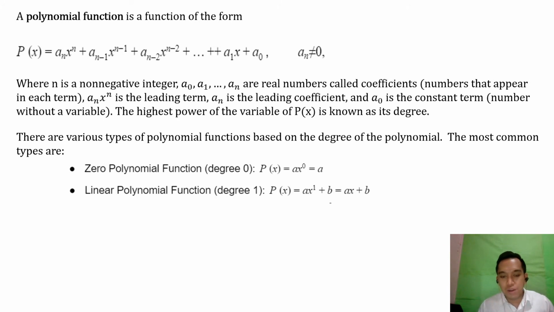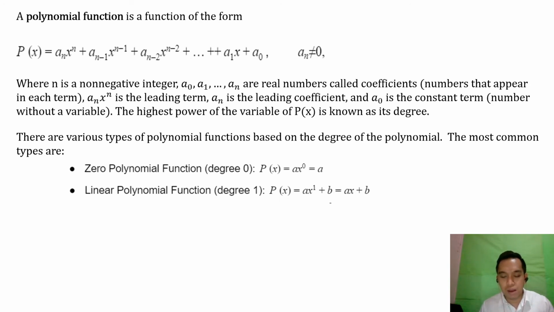Ang linear polynomial function naman, ang kanyang degree ay 1 at ang kanyang forma ay p of x equals ax raised to 1 plus b or ax plus b. Kapag ang exponent ng ating variable ay 1, so no need na to write the exponent.